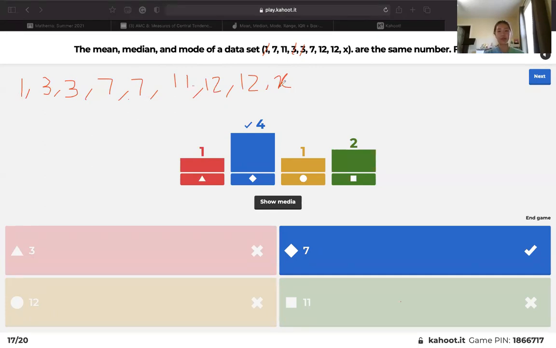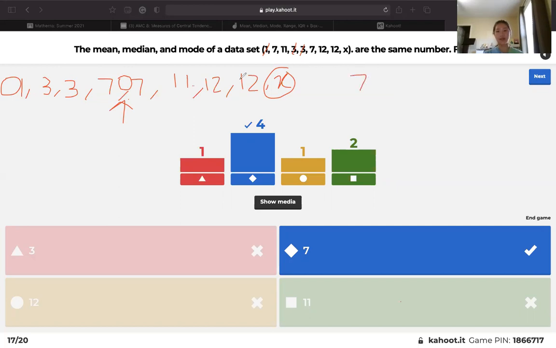But we notice that in all of these cases, it has to be 7 because 7 would be the median every time. And if X goes in the middle here, then it has to be 7 because there's no number between 7 and 7. So then we realize that the mean, median, and mode are all 7.